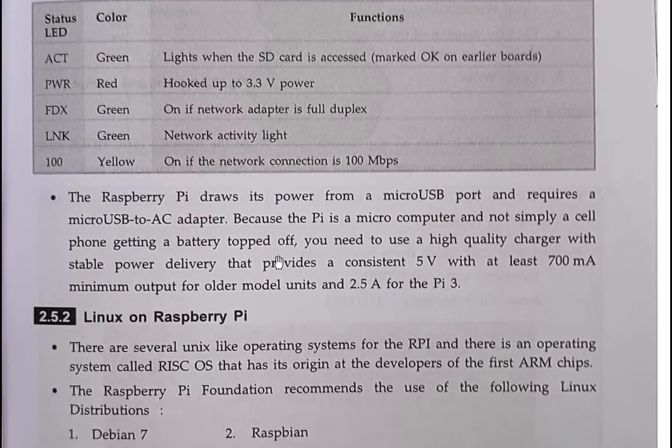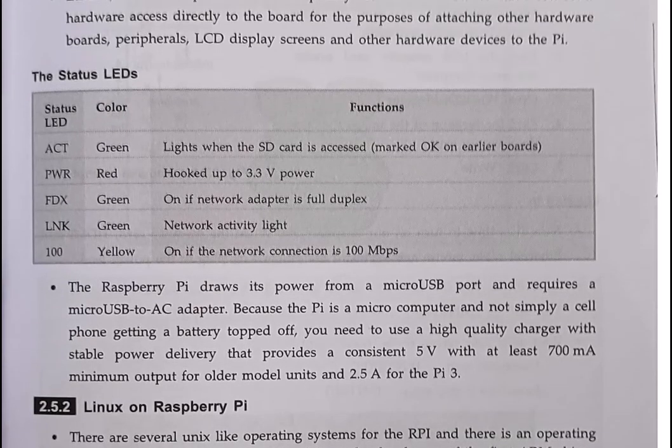The Raspberry Pi draws its power from the micro USB port and requires a micro USB to AC adapter, because the Pi is a microcomputer and not simply a cell phone getting a battery topped off.